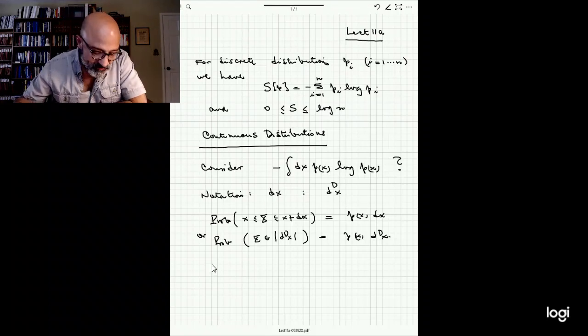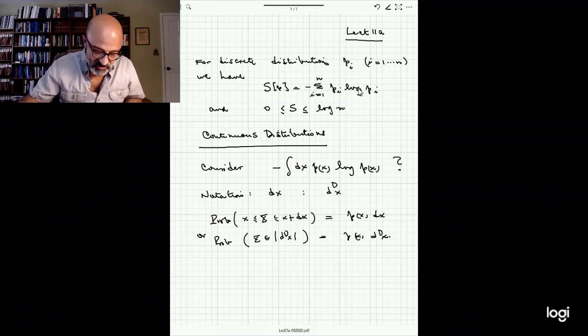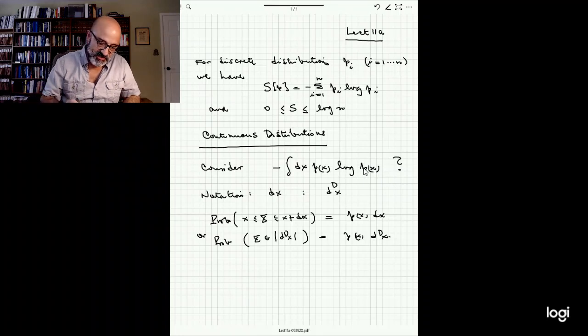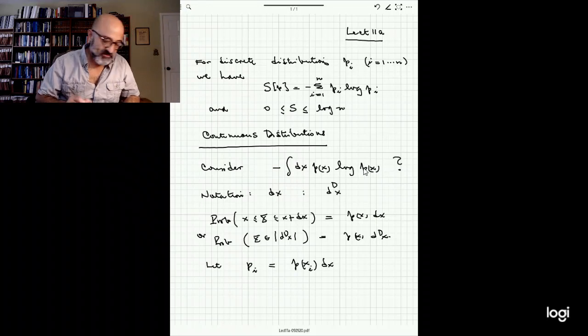So let us go back to this expression here. To figure out what form of entropy we're going to use for a continuous distribution, it's a good idea to just say, let the probability p_i be the probability density at the point x_i, and then multiply by whatever that volume is.